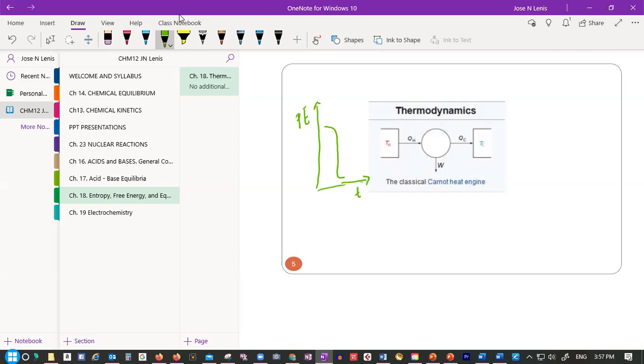And you very well know that the application is the fridge or your AC, home AC units or your car AC units.